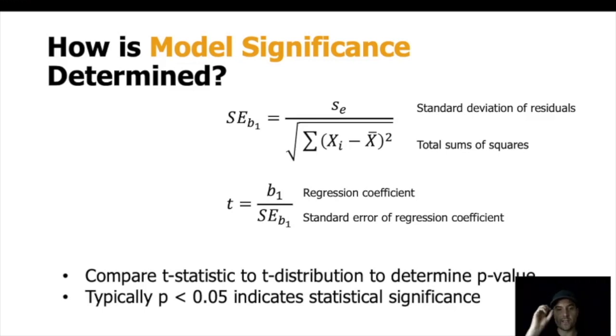And then we're going to do the slope divided by the standard error of the slope, and that's going to give us a t-value. Not very different from what we've already done in previous statistical courses. We're going to compare that t-statistic to the t-distribution to get a p-value. And then typically that p less than 0.05 indicates statistical significance.